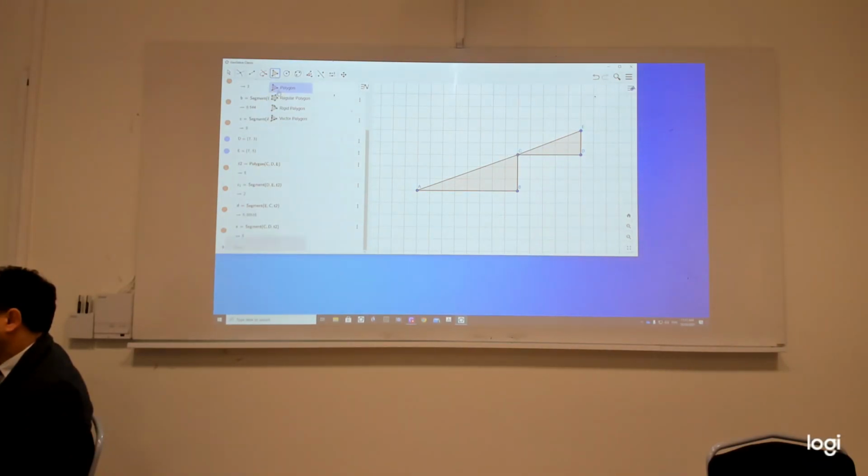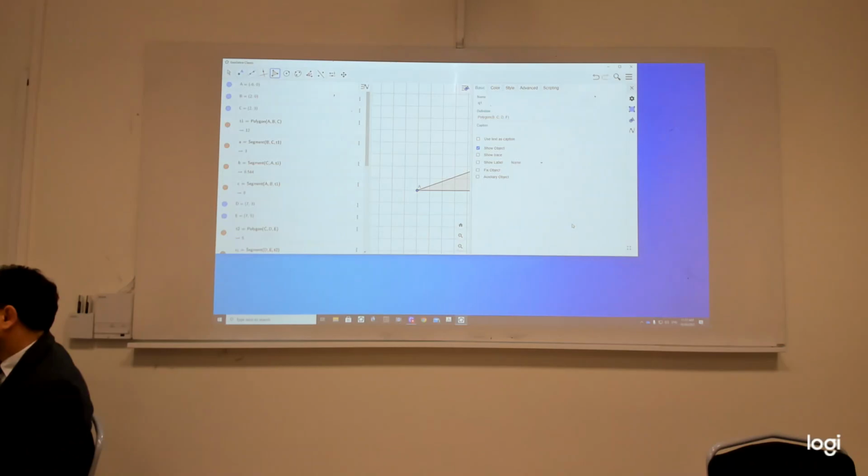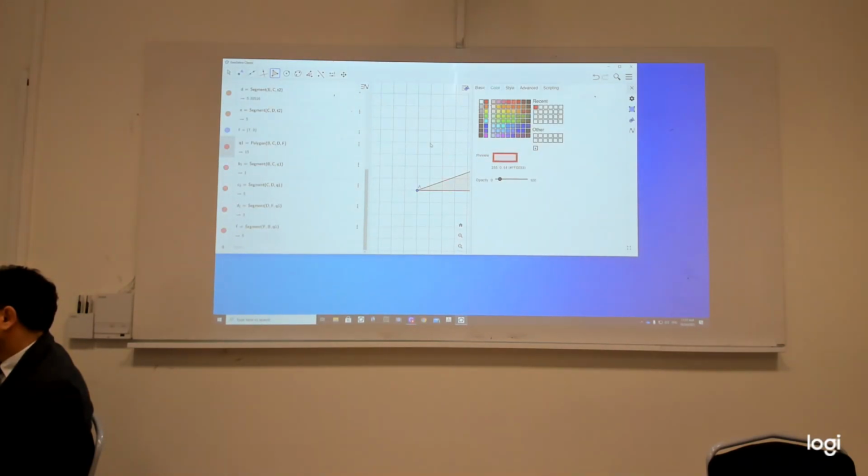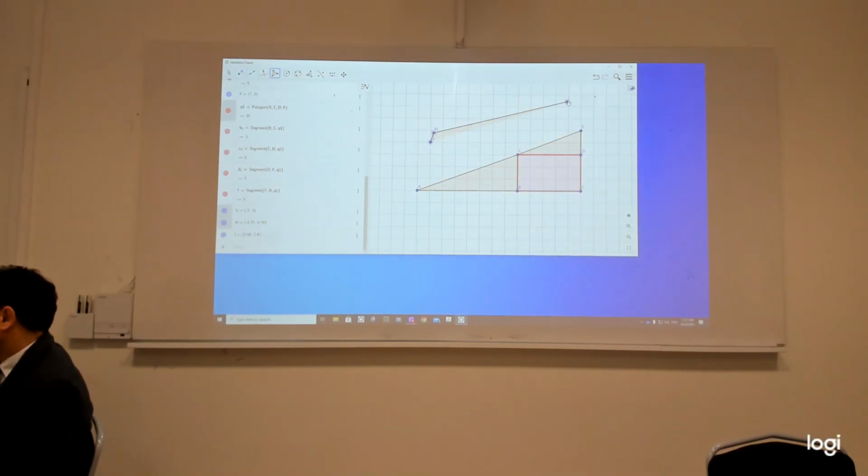And a polygon. So let me draw a triangle, a rectangle here for you, and then I can change the color here. For example, red 1. Good.